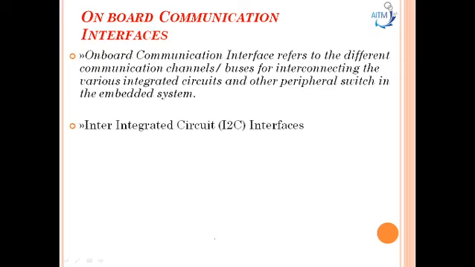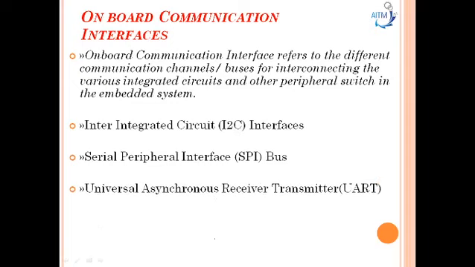First, the inter-integrated circuit interface, that is I2C, and second, the serial peripheral interface bus, then UART, universal asynchronous receiver transmitter, then the one wire interface, then the parallel interface. Now we'll see in detail about these onboard communication interfaces.